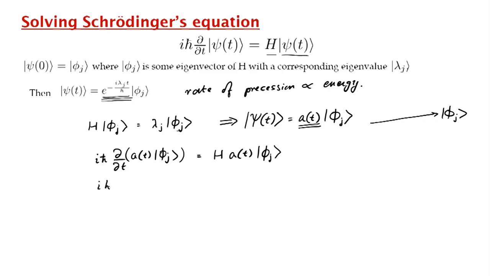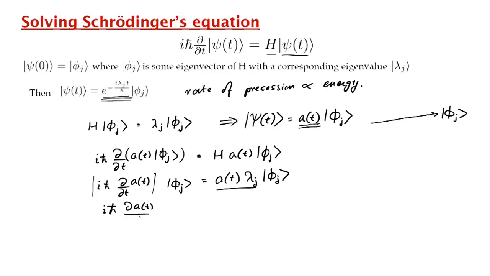We get i h bar d by dt of a of t times phi j is equal to a of t times H applied to phi j, which is just lambda j phi j. Equating the two constants on the two sides, we see i h bar d a of t by dt equals a of t lambda j.